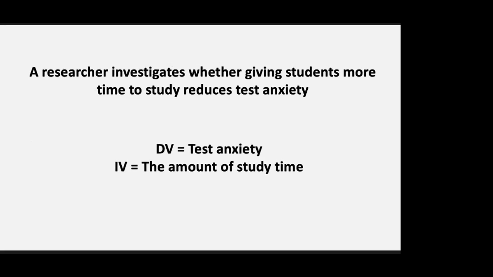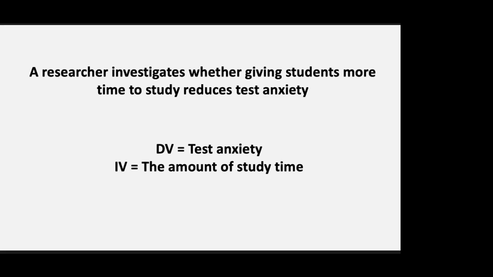So that's what we change. That's the independent variable. The amount of test anxiety that the student experiences is our DV. We measure that and see if it changes. Is the DV higher when we give them less study time? Is test anxiety lower when we give them more study time?